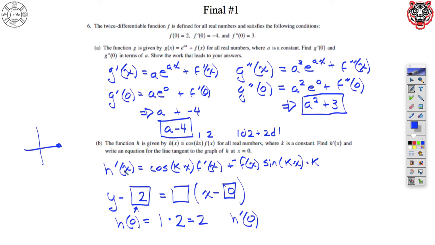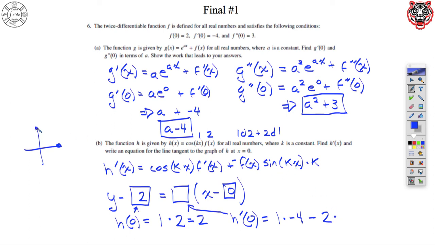Okay, this box right here is going to be h prime of 0. We found h prime, so now we're going to actually use it. Plug in 0 and find what that evaluates to. And that's going to go into that box right there. So cosine of 0, we already know that, that's just 1. So it's 1 times f prime of 0. F prime of 0 is negative 4. And then I need to subtract f of 0, which is 2, times sine of 0.